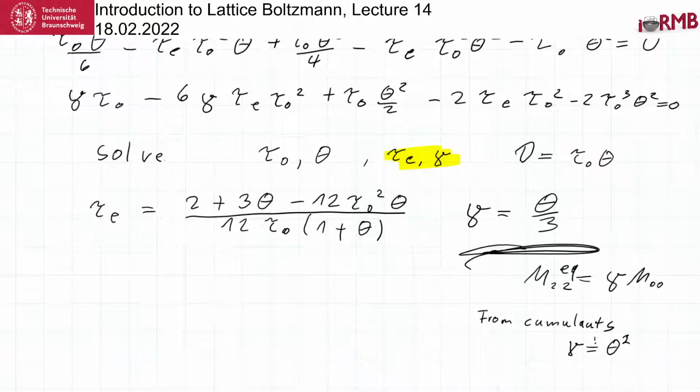And usually we prefer to have theta being equal to 1/3. So if we put theta equal to 1/3 as an example, then gamma is equal to 1/9, which is of course theta square. So this would be compatible with what we derive from cumulants.